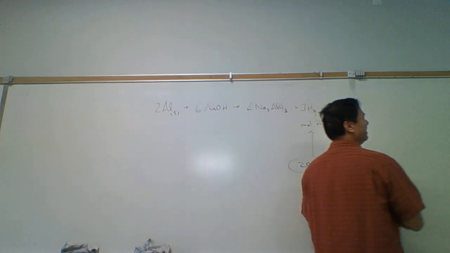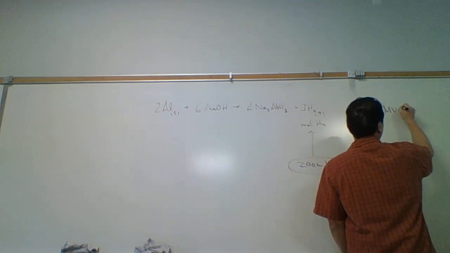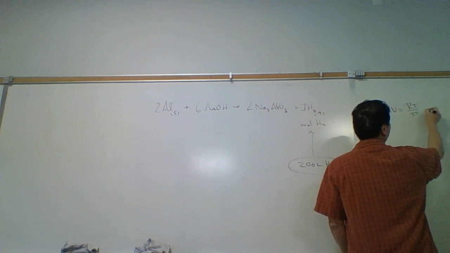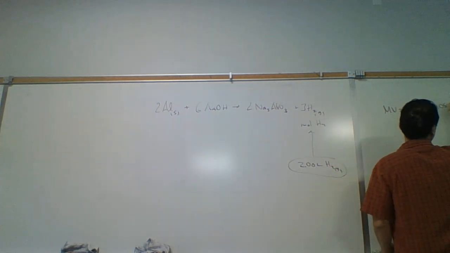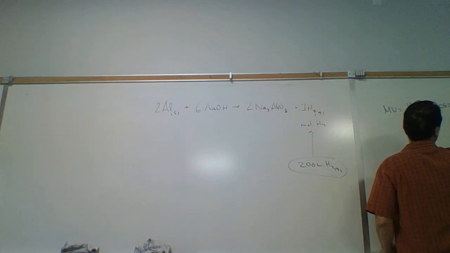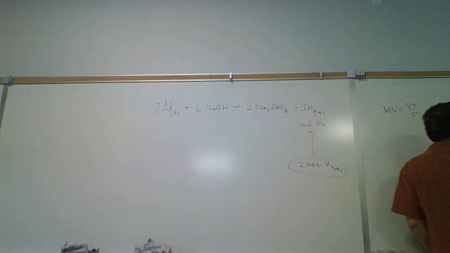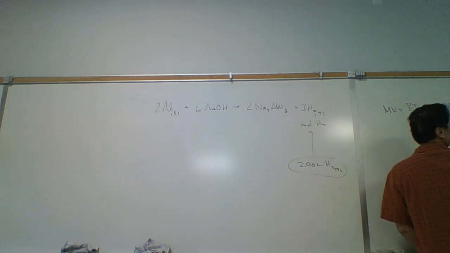Molar volume is equal to RT over P. We'll just calculate it. R is 0.08206 liter atmosphere per mole Kelvin. T is 295 Kelvin. P is 789 torr.